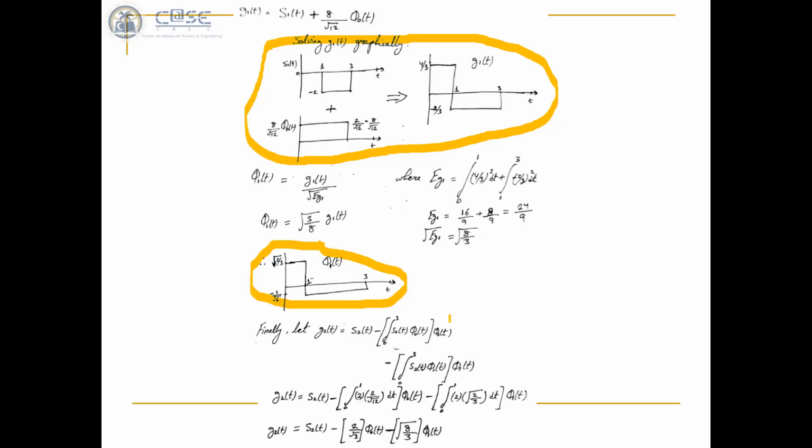Since you have already calculated the two basis functions in the previous steps, you have to subtract the projections of S2 of t that were there on the basis functions phi naught and phi1 in the third step.